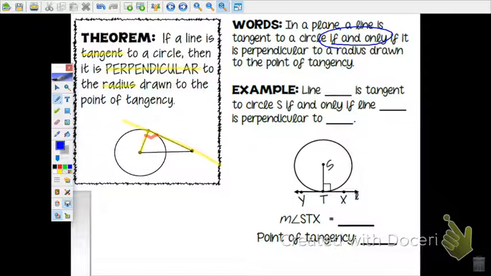So either way, since they use the word line, I'm going to use that scripted L. So line L is tangent to circle S. Remember, we named circles using that center point, circle S, if and only if that line L is perpendicular to, we know it needs to be perpendicular to the radius. How am I going to name the radius? Okay, I can use TS or ST. It is a segment, so I must have the segment bar across the top.